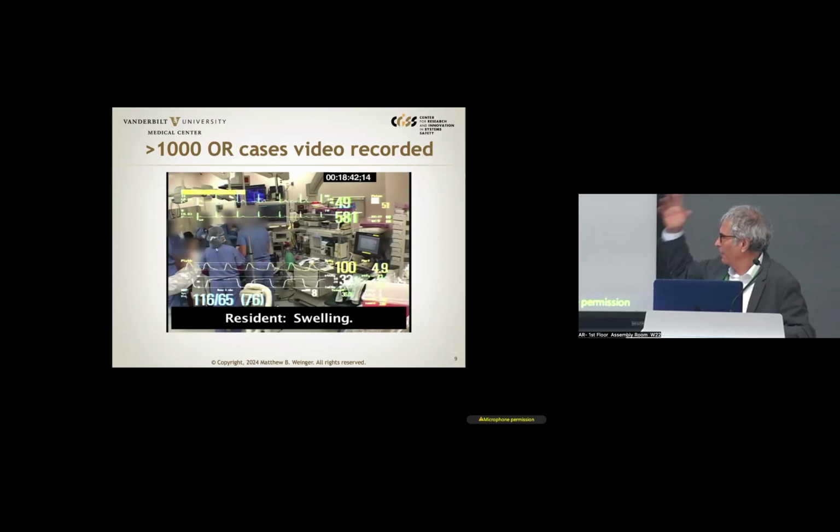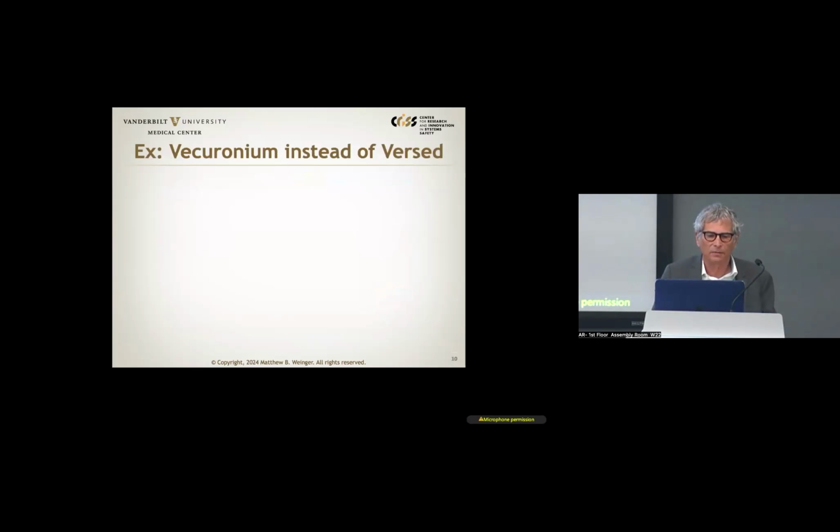So I think Karen may talk about preventing drug allergy or giving drugs for allergy, but that's just an example of many types of intraoperative cases. Now, Dr. Greenwood was very nice to introduce the vecuronium instead of Versed case that was criminalized.